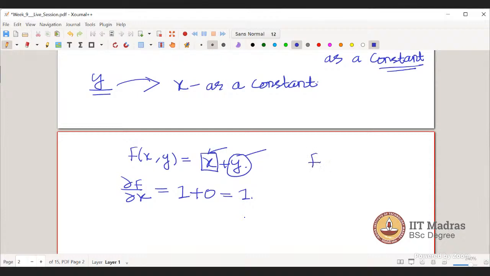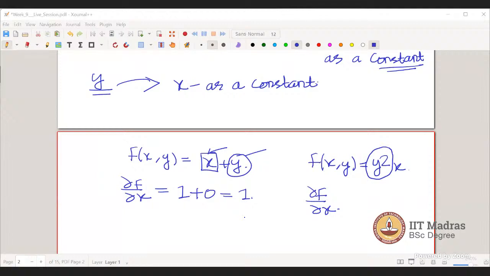Similarly, take the function y squared x. If I differentiate it with respect to x, I treat y squared as a constant.